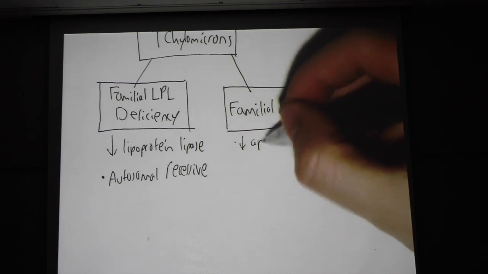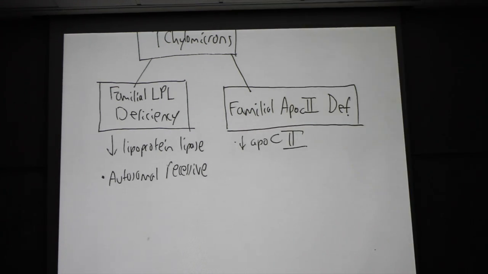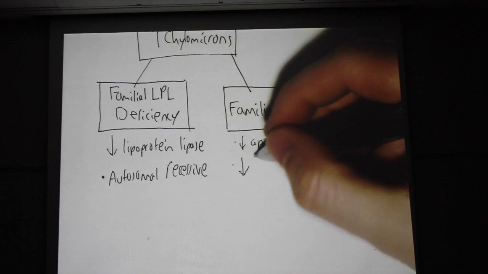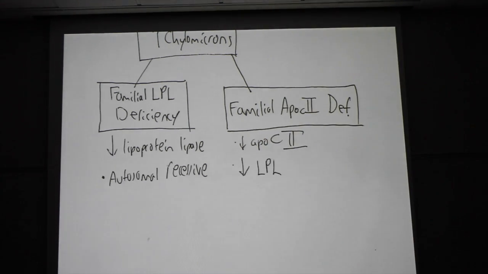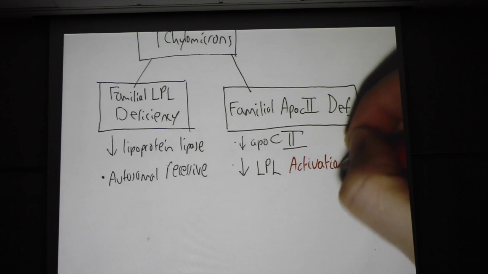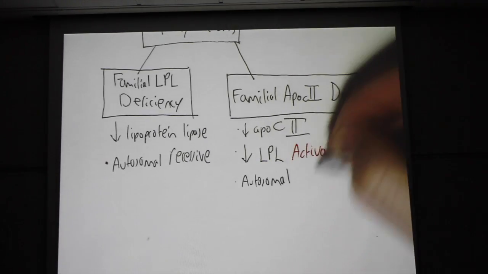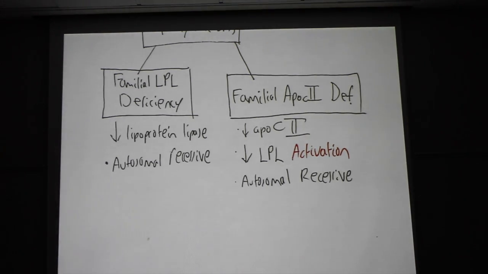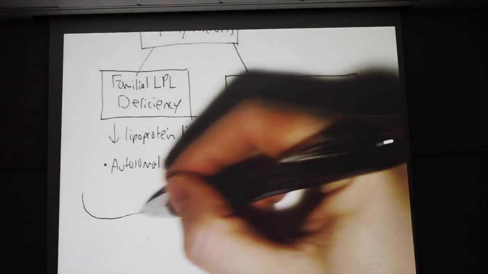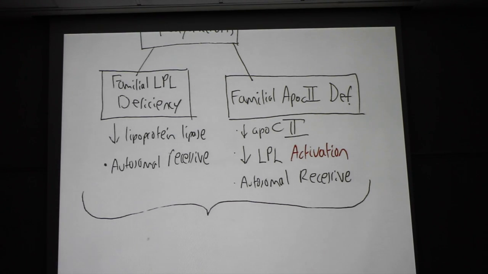They have an insufficient amount of ApoC2, and that results in decreased activation of the lipoprotein lipase enzyme. So as you can imagine, the effects are relatively similar, and we're going to look at some of those effects here in just a moment. This is also an autosomal recessive disorder, and that's an important thing to remember when you're studying for Step 1.